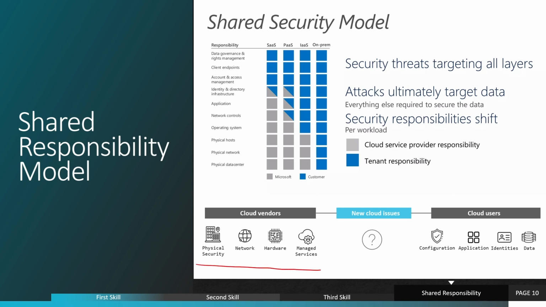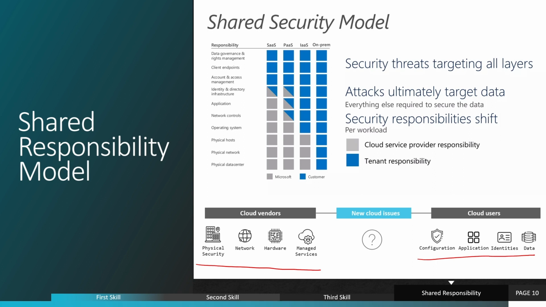Of course, we can see things like physical security, network hardware, and managed services. So those will be falling into those categories of security of the cloud. So security in the cloud means the security actions that the cloud customer will take to protect the data, the applications, the identity, access, and encryption of the cloud resources that they use. And that is going to be falling into those areas as well.